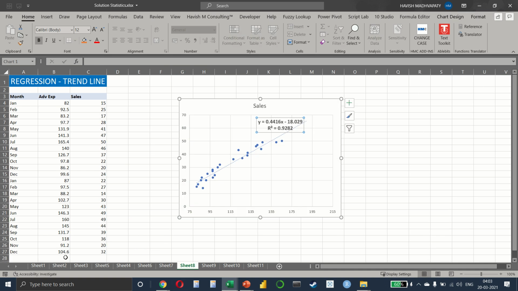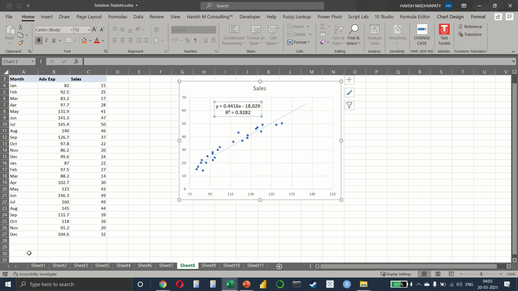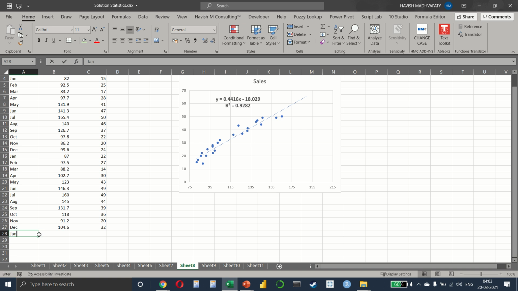And how do these numbers help us, and how is this line getting extended? We can plug in these values, which means for next January, what do I expect that the sales would be?